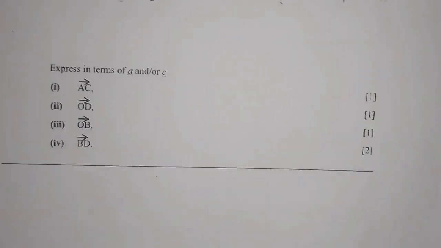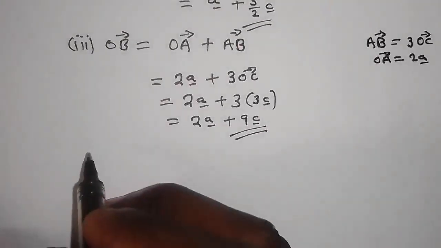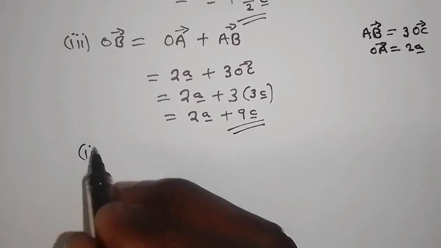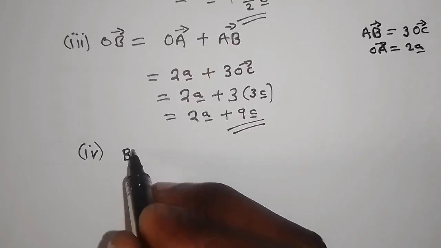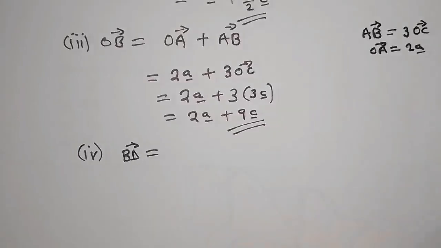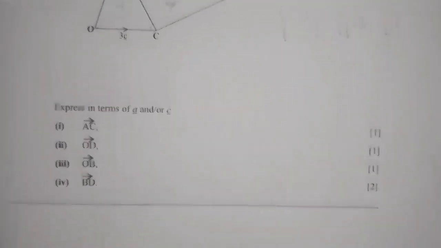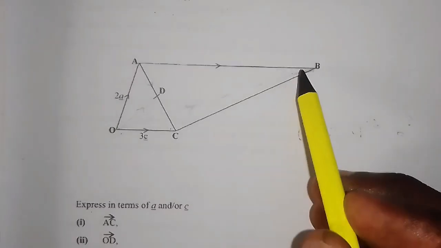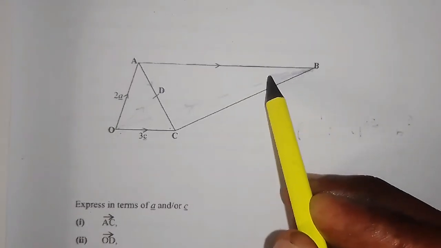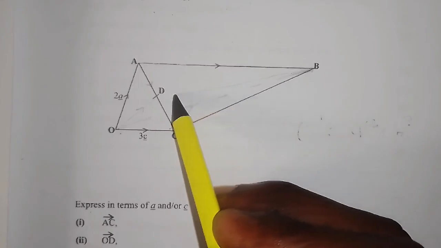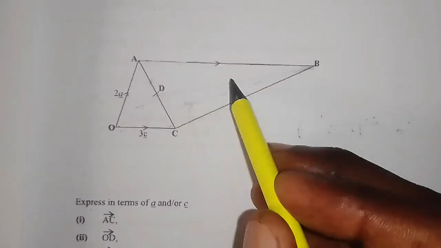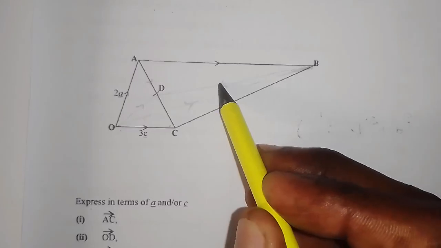And then the last one is BD. Okay, so let's see how we can make BD from the diagram. So BD is just there. We are moving from B going to D, so our arrow is like that.